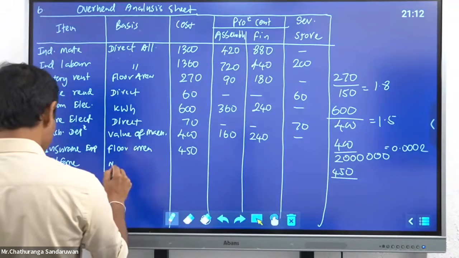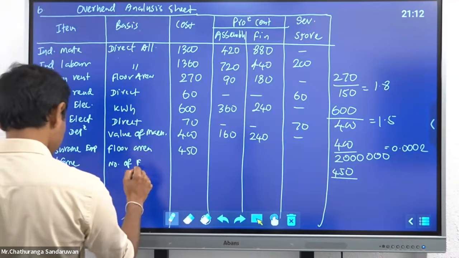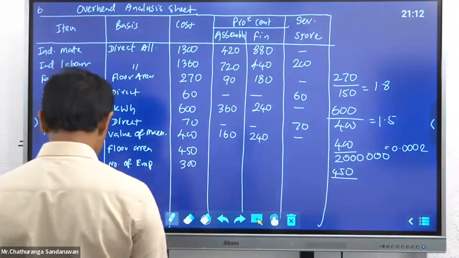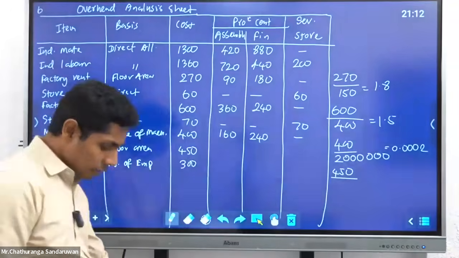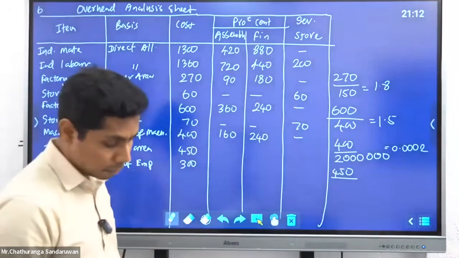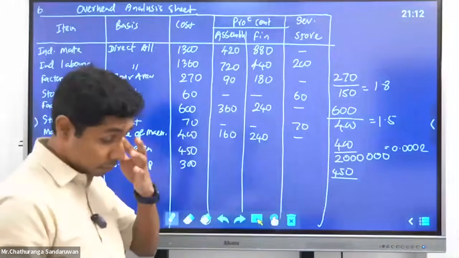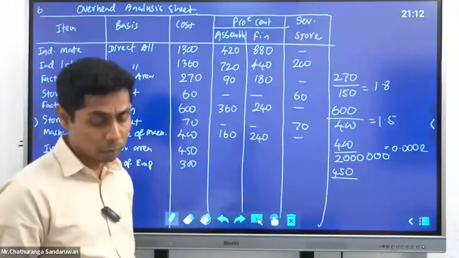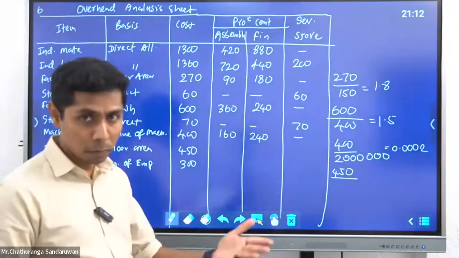Welfare, the number of employees. The base is, the cost is 300. If you take the number of employees, you have to take all employees, right? Including security guards, because we have to provide welfare service to the security guards as well, no? They are also employees, no?